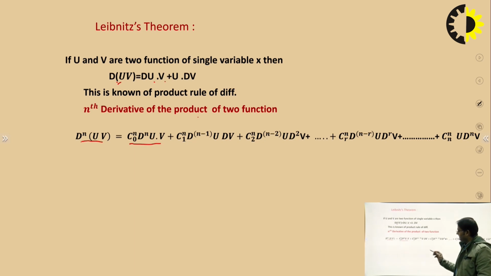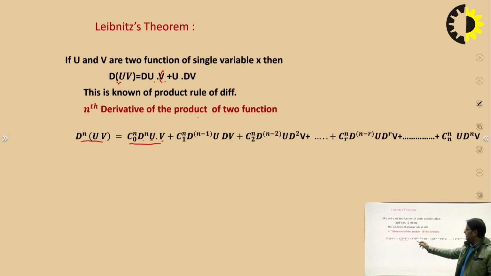In this term, you take nC0, where C represents the combination, then the n-time differentiation of u, and you must keep v the same. The fundamental is that you keep one function unchanged and apply the differentiation on the rest.